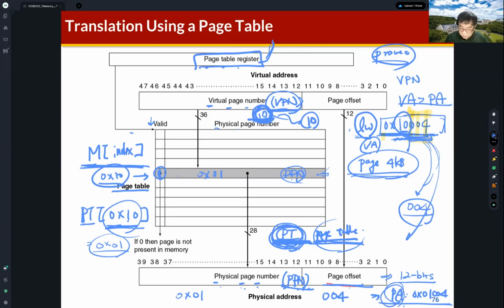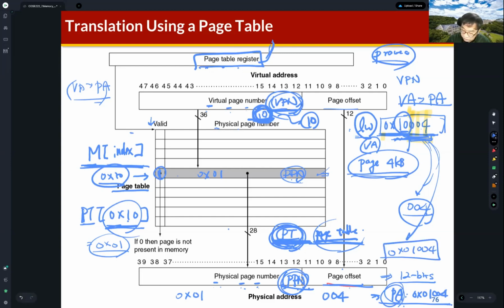This example shows how to translate the virtual address to the physical address. The virtual page number, VPN, is translated into the physical page number. The page offset is just copied. So we can get the physical address 0x01004.